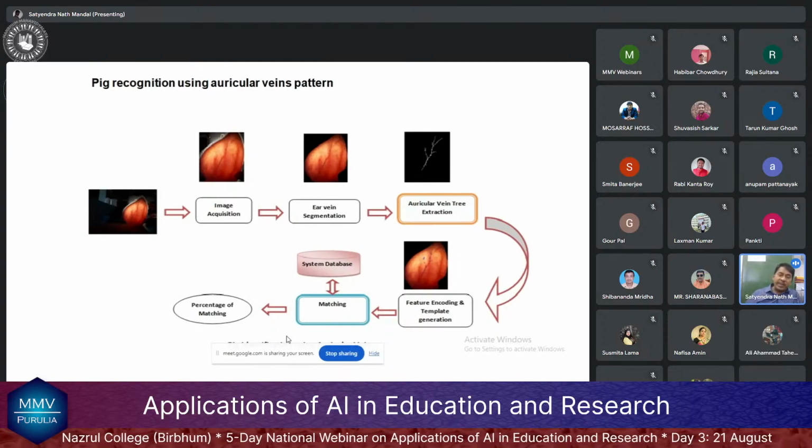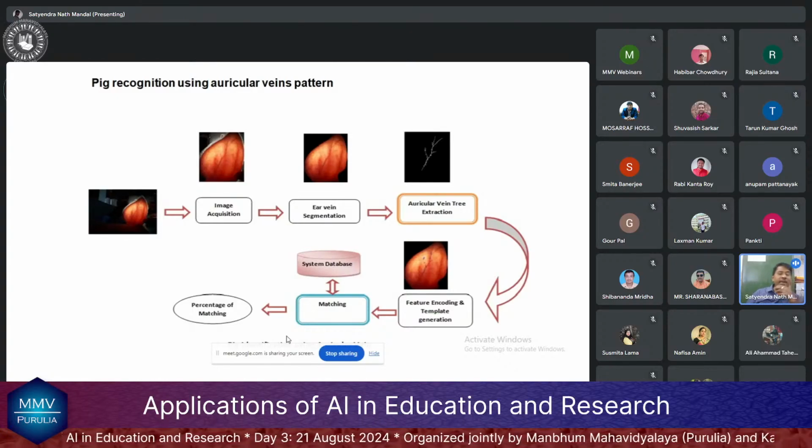We segment the picture, get the venation pattern, and track the branching points, the distance between two branchings, and their angle. We put all this information in the database as a template.